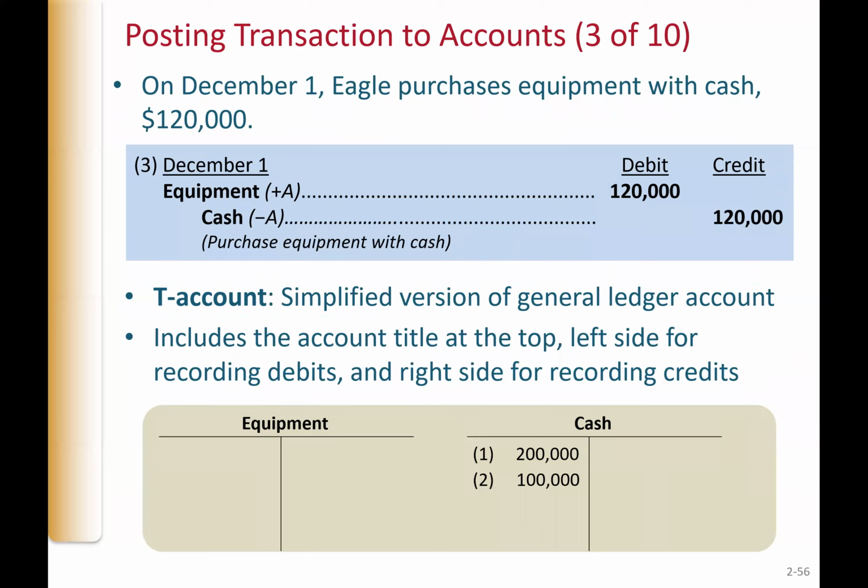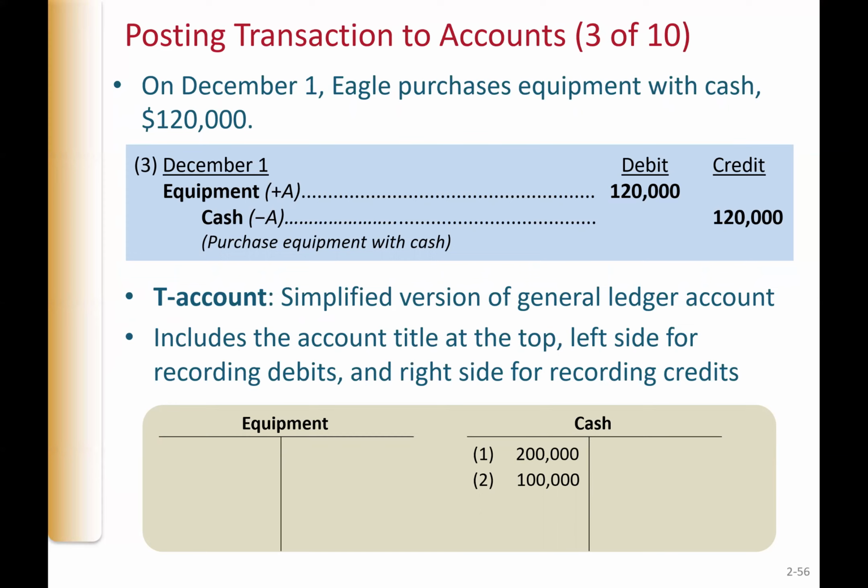You see here, Eagle purchases equipment with cash. So we know cash is an asset, equipment is an asset. We always record the account that is being debited first. Then we record the account that's being credited next. So equipment gets debited for 120,000.